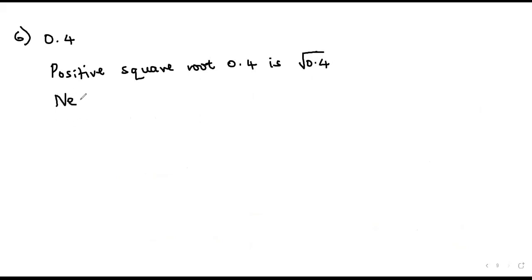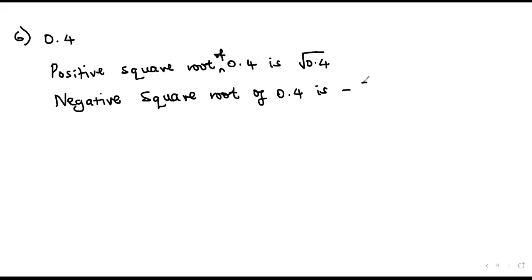Then the negative square root of 0.4, let's write it here also, is negative square root of 0.4.